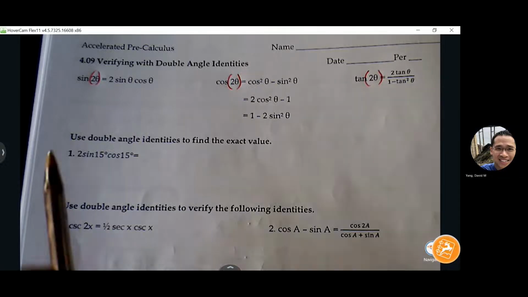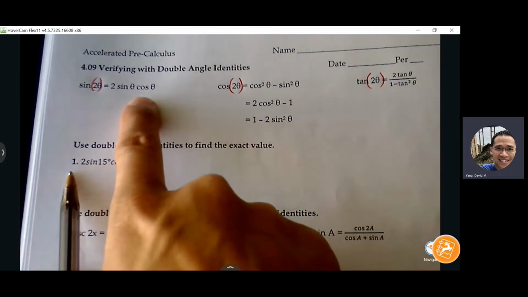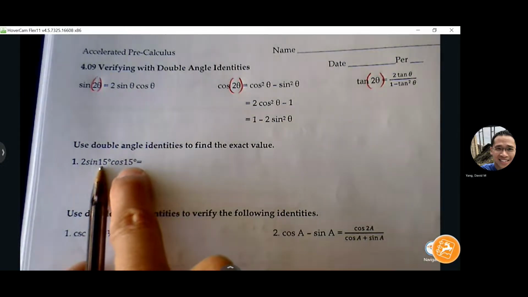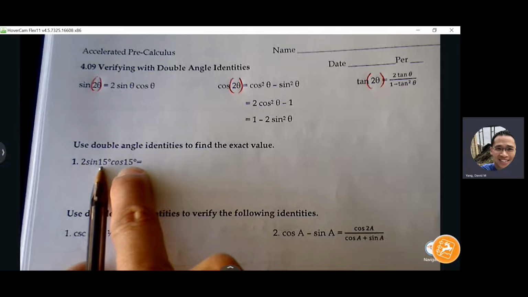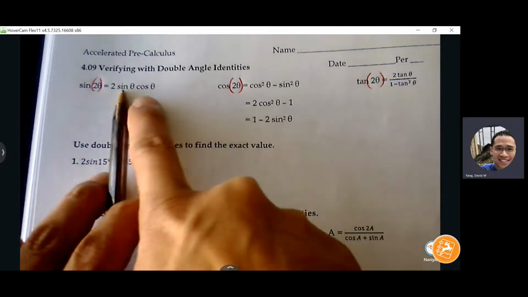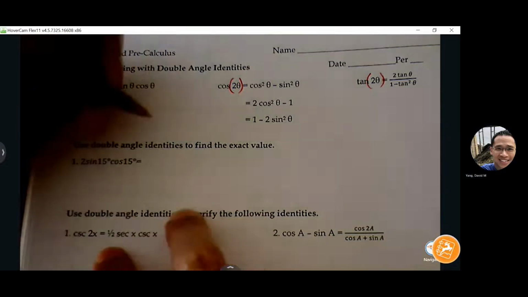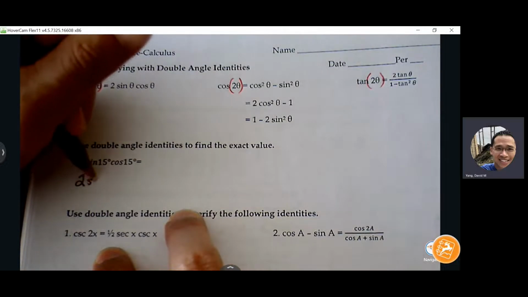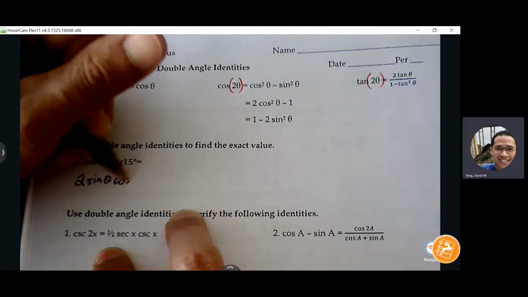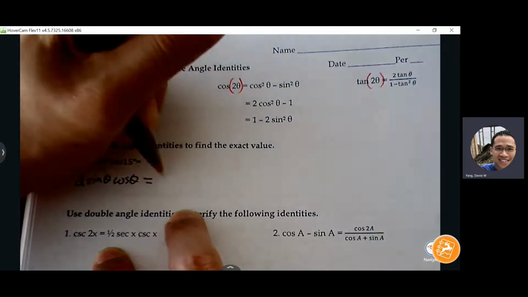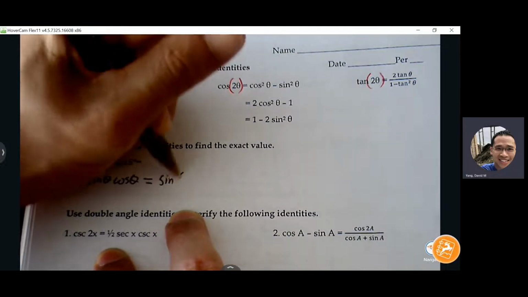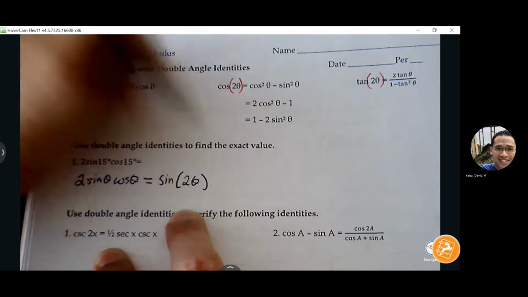Because right now, this kind of looks like this form, right? So if my theta is 15, and if I know that I have this matching part here, I can turn this 2 sine theta cosine theta back into sine of 2 theta.